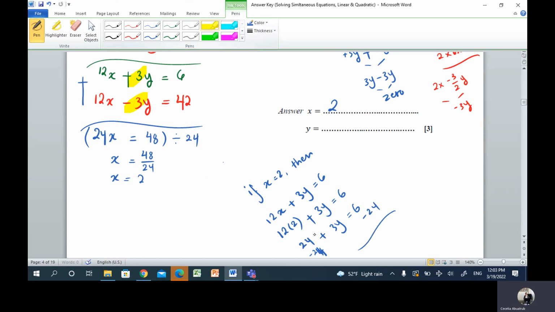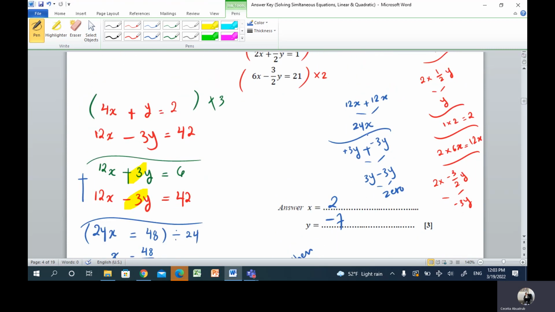So the 24s are gone. And 3y equals 6 minus 24. The answer will be negative 18. Solve for y by applying opposite operations. So divide by 3. Y is equal to negative 21 over 3. Y is equal to negative 7. So y is equal to negative 7.